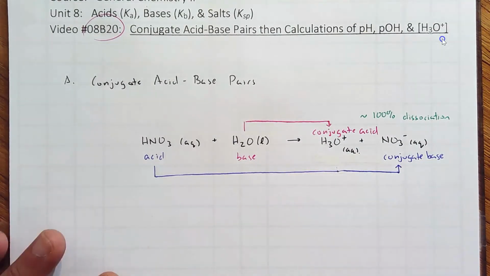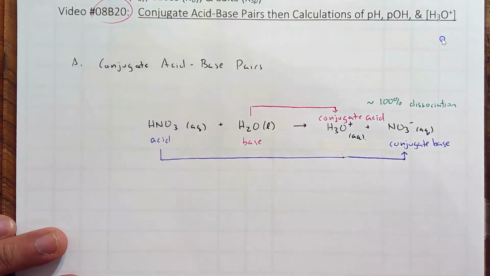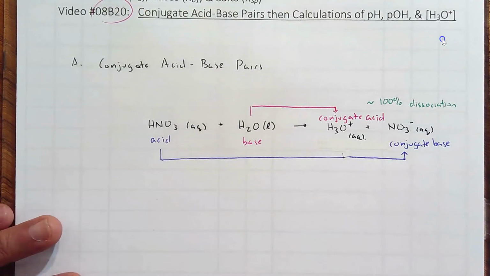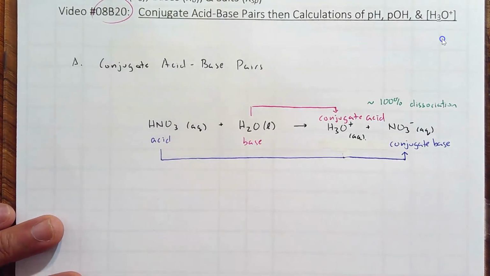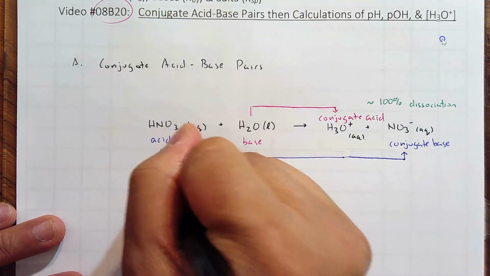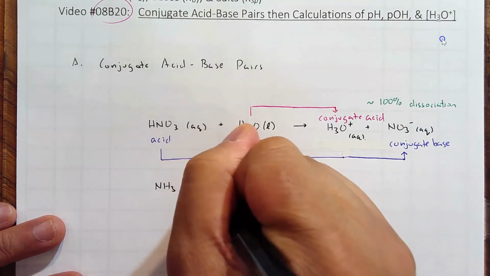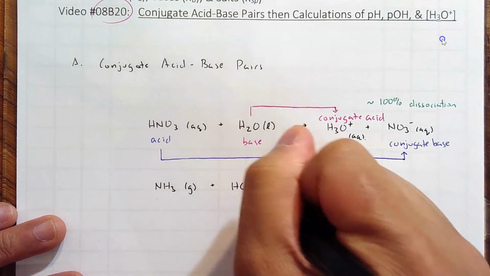Those are your conjugates. Why don't we look at an acid-base reaction where water is not the base. We haven't seen this before, actually. Let's take NH3 gas plus HCl gas.